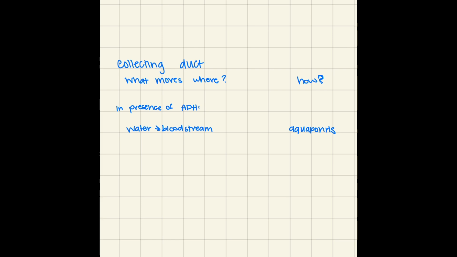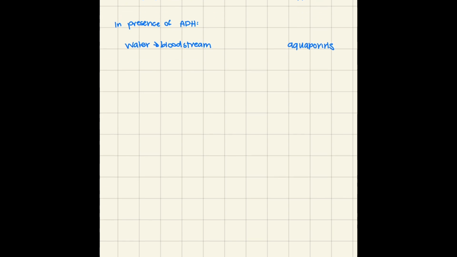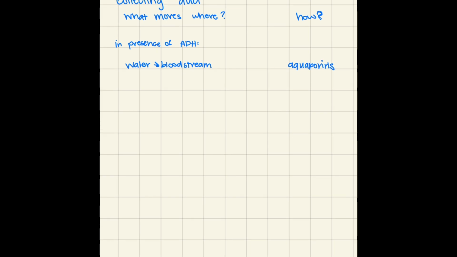If we don't have ADH, we're going to do nothing, basically. That's just what happens. In the presence of ANH, I think I read something in the book, maybe water moves into the cell or into the collecting duct, but I don't want to write that down because I'm not positive. But I know for sure that this is reality.